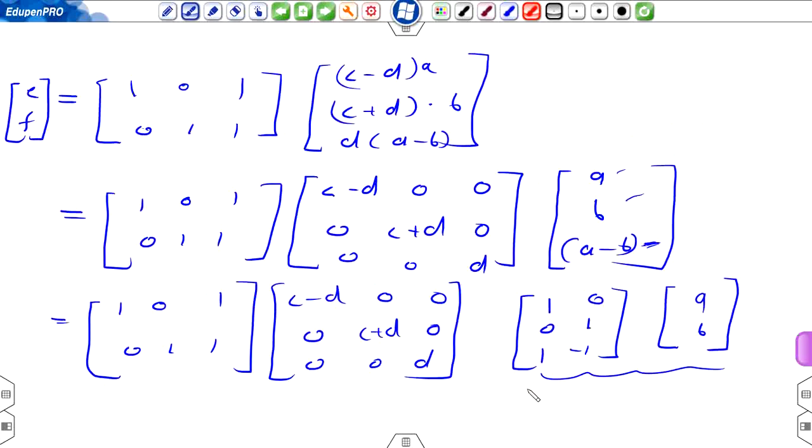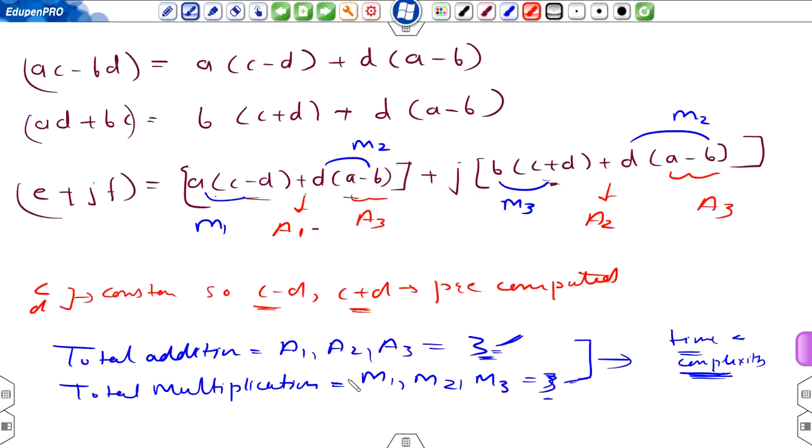So this matrix is responsible for addition A3. Now this is responsible for multiplication M1, M2 and M3. Okay, so C minus D into A, C plus D into B, and D into A minus B. This is multiplication M1, this is multiplication M3, and this is multiplication M2.